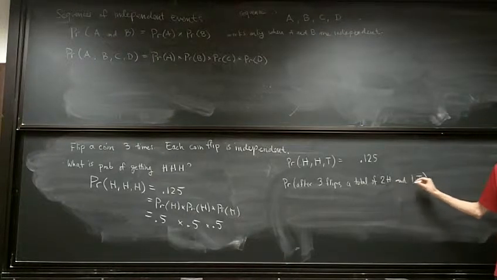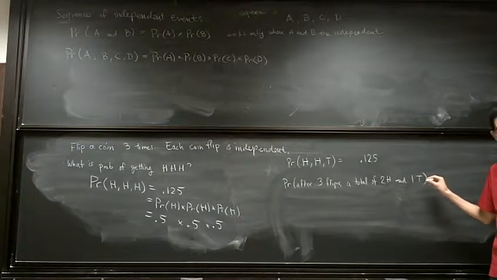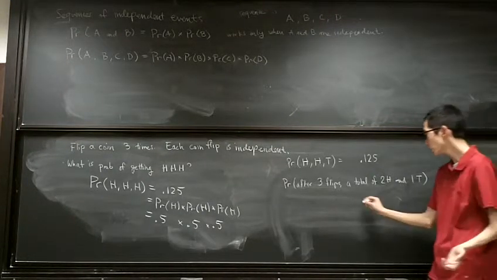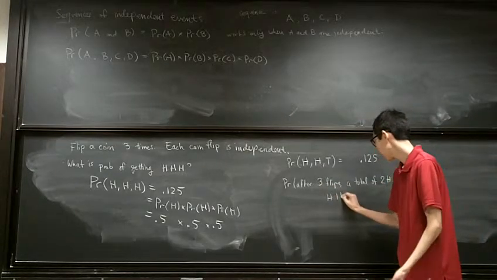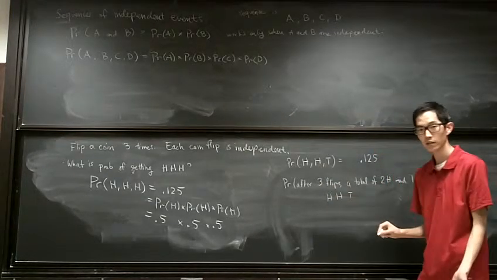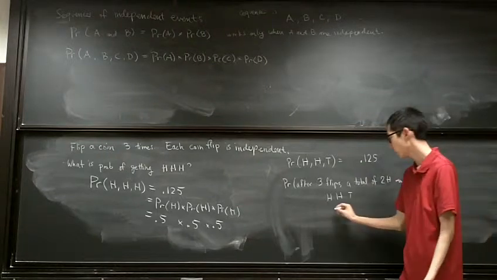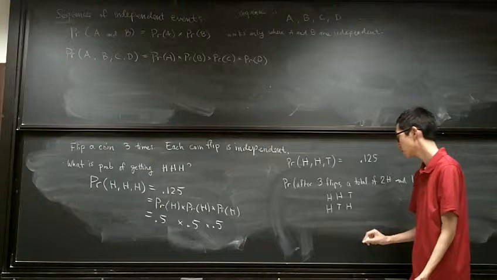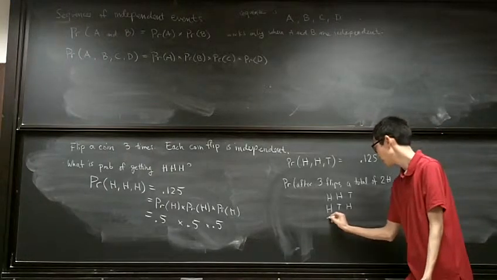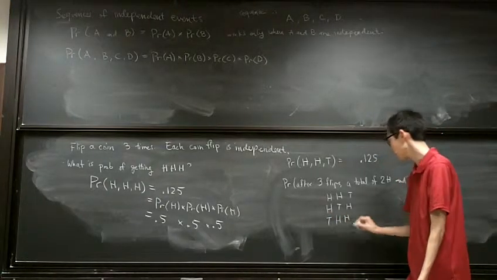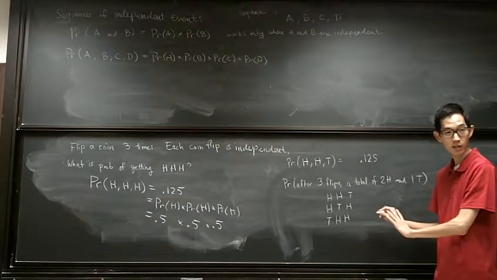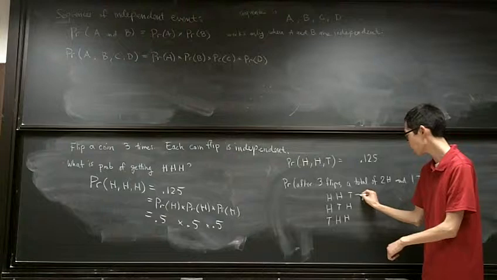A total of 2 heads and 1 tail. So that means after 3 flips, we need 2 heads and 1 tail. There's actually a few ways this could happen. One way is we get heads, heads, then tails. Another way is heads, tails, heads. And another way is tails, heads, heads. Is there any other way I can get 2 heads and a tail? No, this is it.